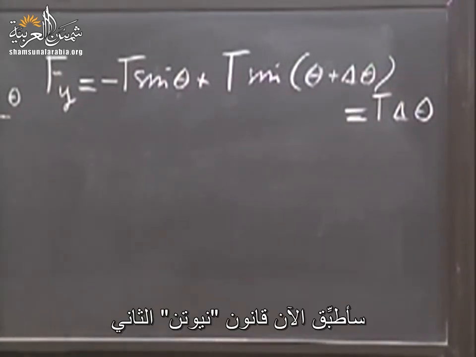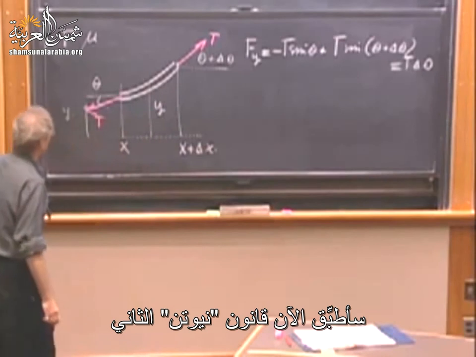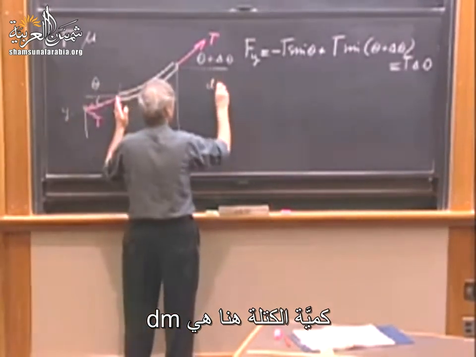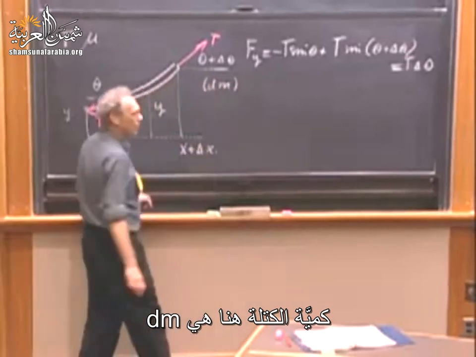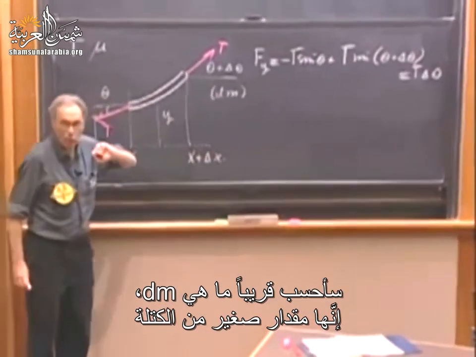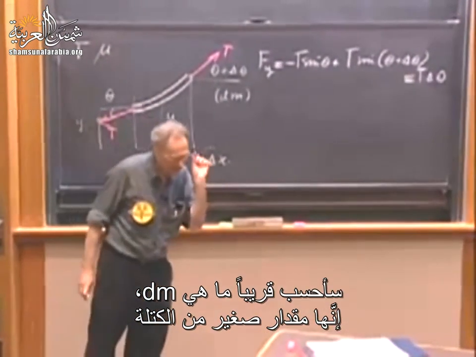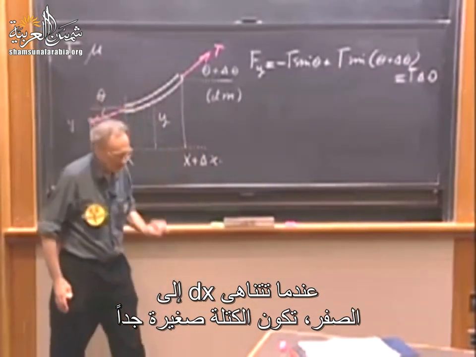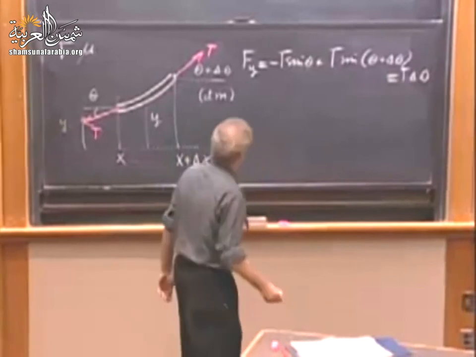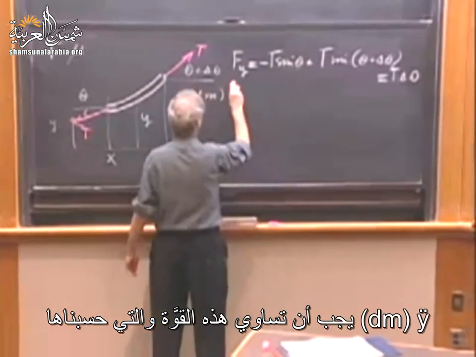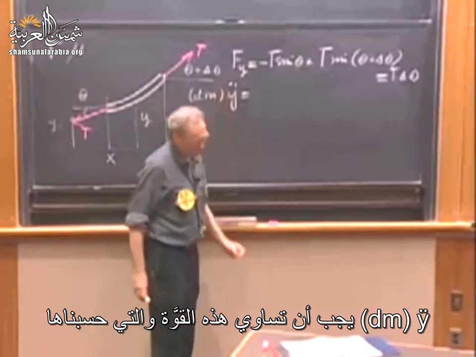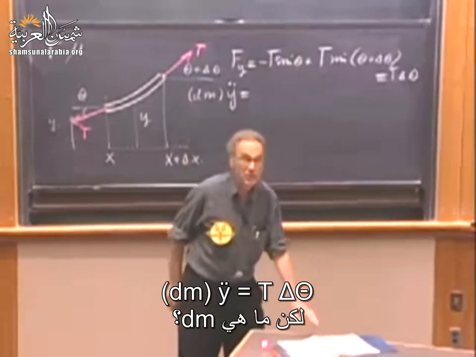Now I will apply Newton's second law. The amount of mass that is in here is dm. And I will calculate shortly what dm is. It's a little bit of mass. We're going to make dx go to 0, infinitesimally small amount of mass. And so that mass times y double dot must now be this force that we just calculated. It must be T delta theta.